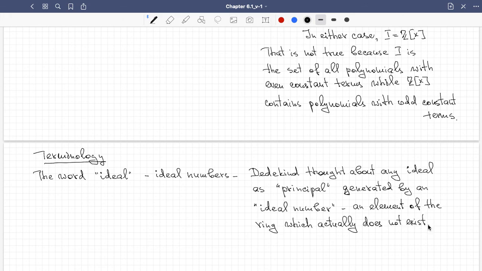That was why this word ideal came into existence. And the idea of ideal, pun intended, is ubiquitous in ring theory, and we will deal with that. We'll try to understand where it leads.